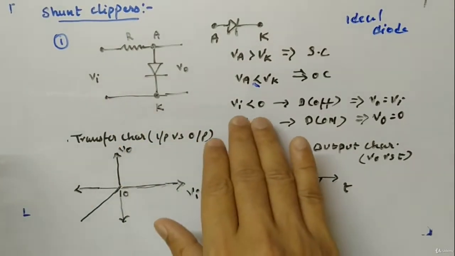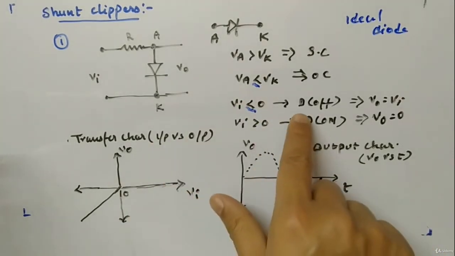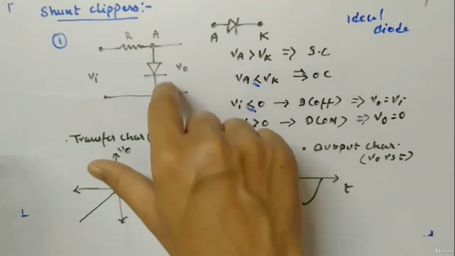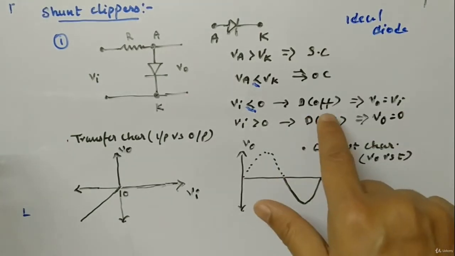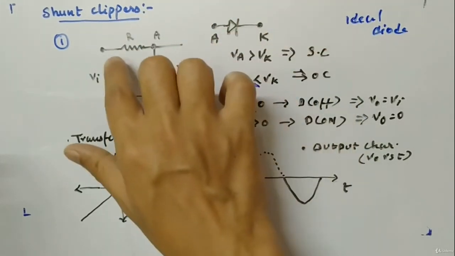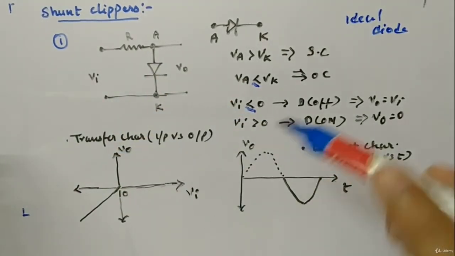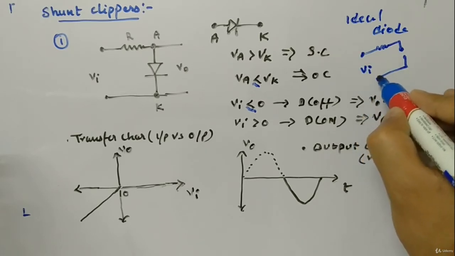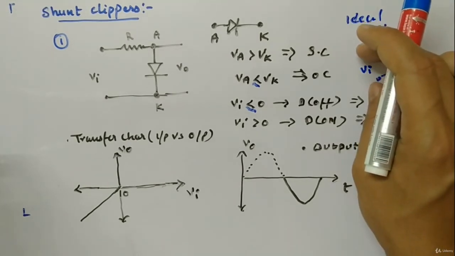If Vi is less than or equal to 0, then this diode will be off, because if Vi is less than 0, this terminal will be negative and this terminal will be positive, which means the diode is reverse biased. For an ideal diode, reverse bias means an open circuit, so there won't be any current flowing through this resistance, and all the input voltage will come to the output.